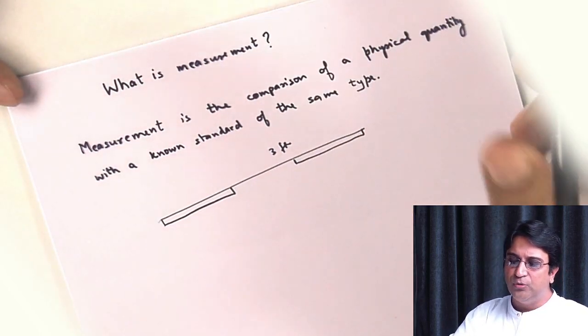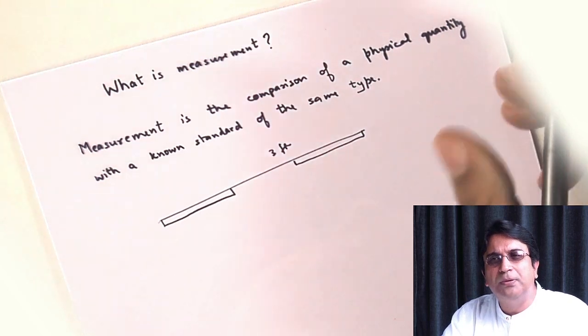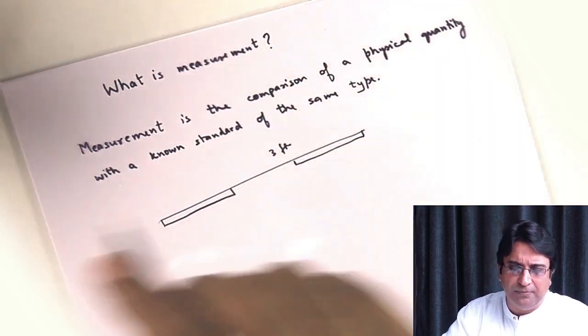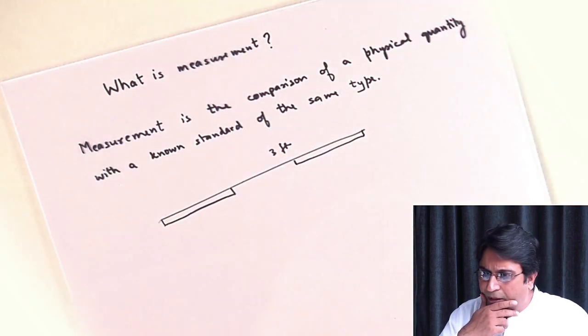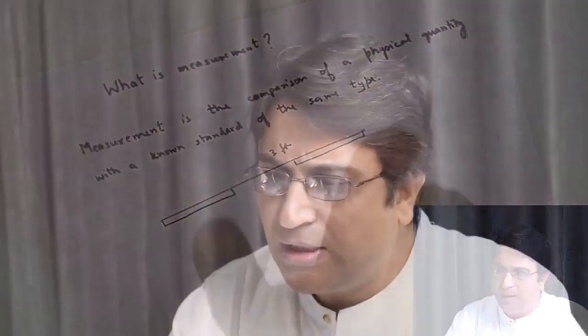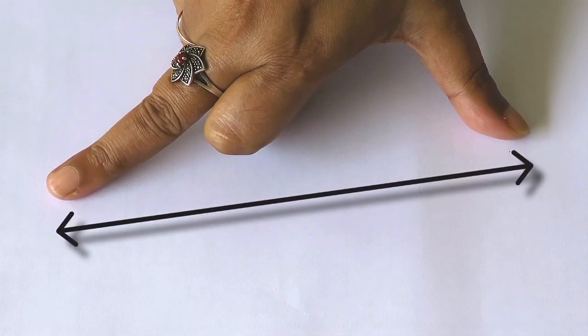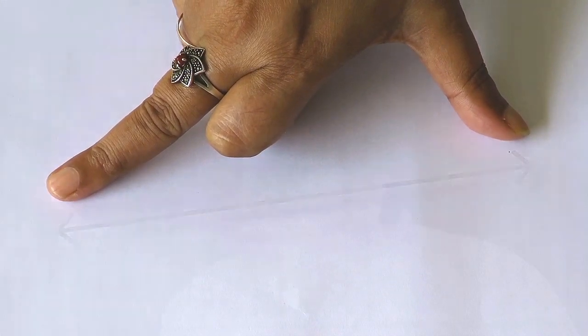So earlier, of course, you might have heard people used to have very simple kind of measurement standards. For example, in Hindi, you just have a distance between your thumb and the finger as ek bitta. Okay, it used to be called bitta. And there were so many different units.